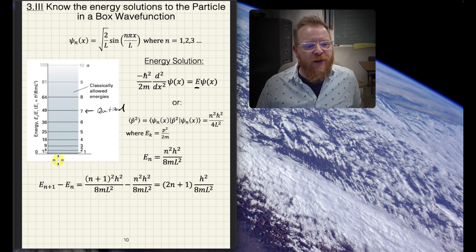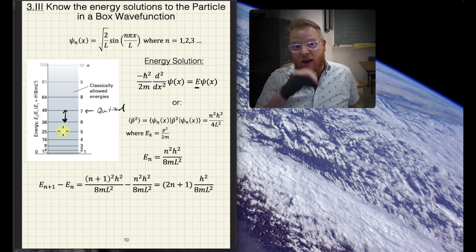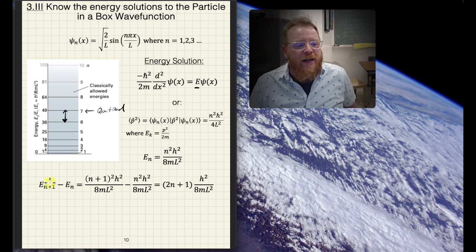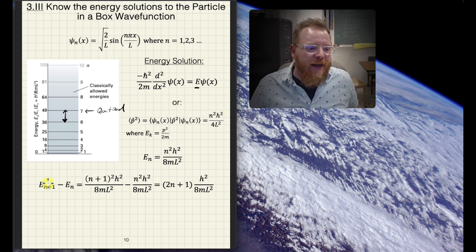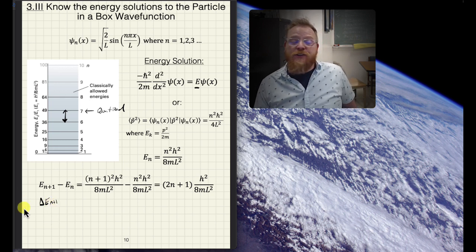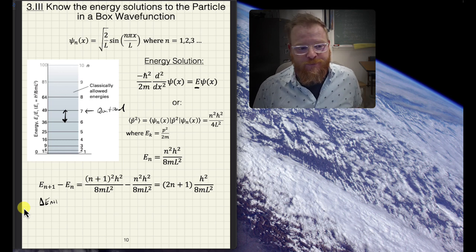If we look at the difference in energy levels, that is what we are most interested in for spectroscopy. So we can come up with this equation, En plus 1 minus En, which I'll also refer to as delta En plus 1. That's just looking at the difference between any one level.